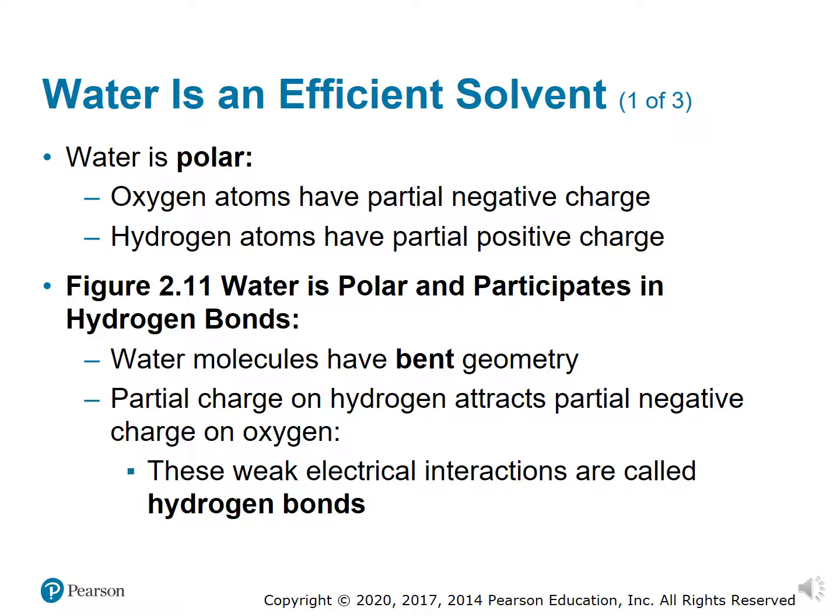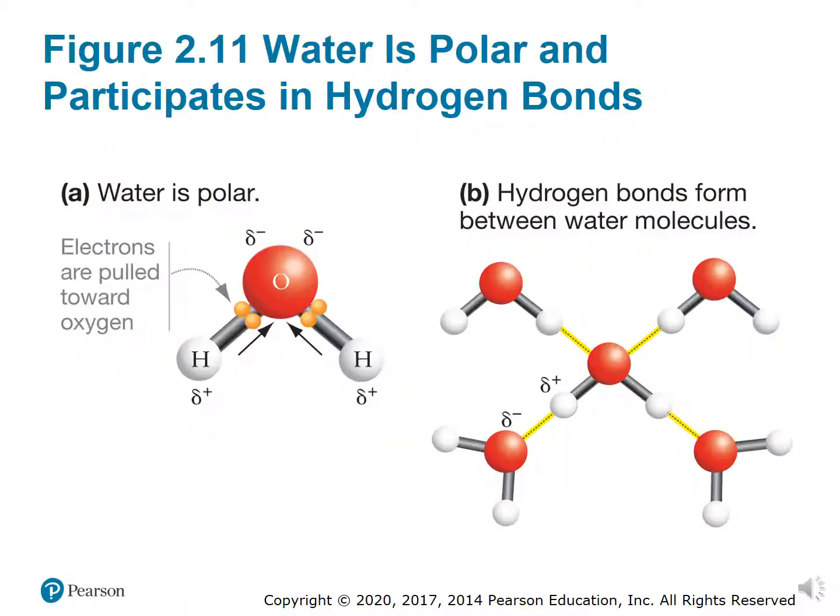Now, another important thing about water is that it forms a third type of bond, and this type of bond is called a hydrogen bond. So what is a hydrogen bond? It is a weak electrical interaction between hydrogen of one water molecule and oxygen of another.